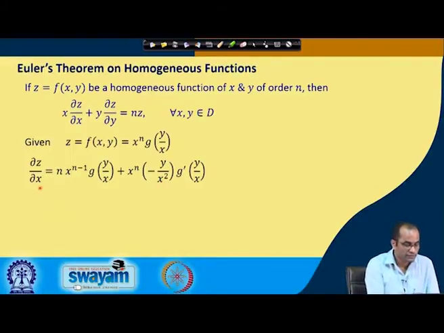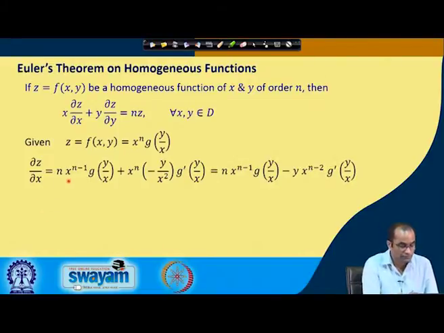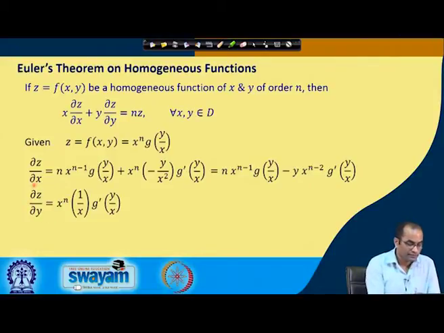Now, if we simplify this a bit, here we have n x power n minus 1 g of y over x, and then here we have this minus sign there, so minus y n x power n minus 2 g prime of y over x.